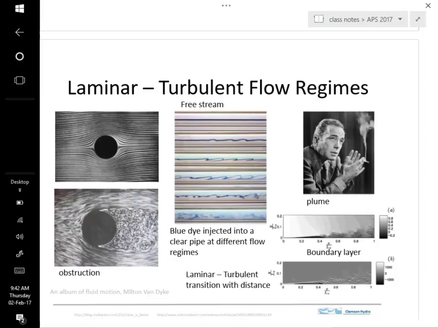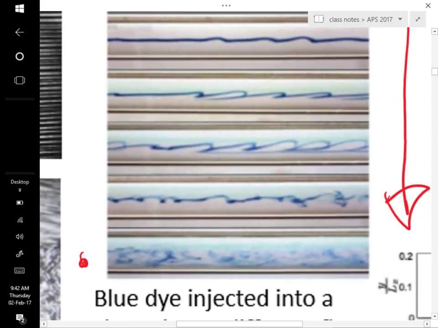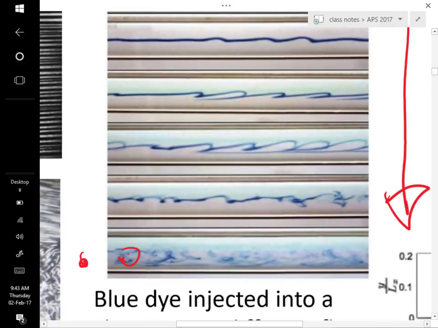And here, I guess we actually saw this slide last time, where we've got this set of experimental results where it's a tube with dye that's introduced, and you get a nice straight line in laminar conditions. And then down here, this is fully turbulent, where you can see it's very thoroughly mixed, it's highly mixed from various vortices like that.